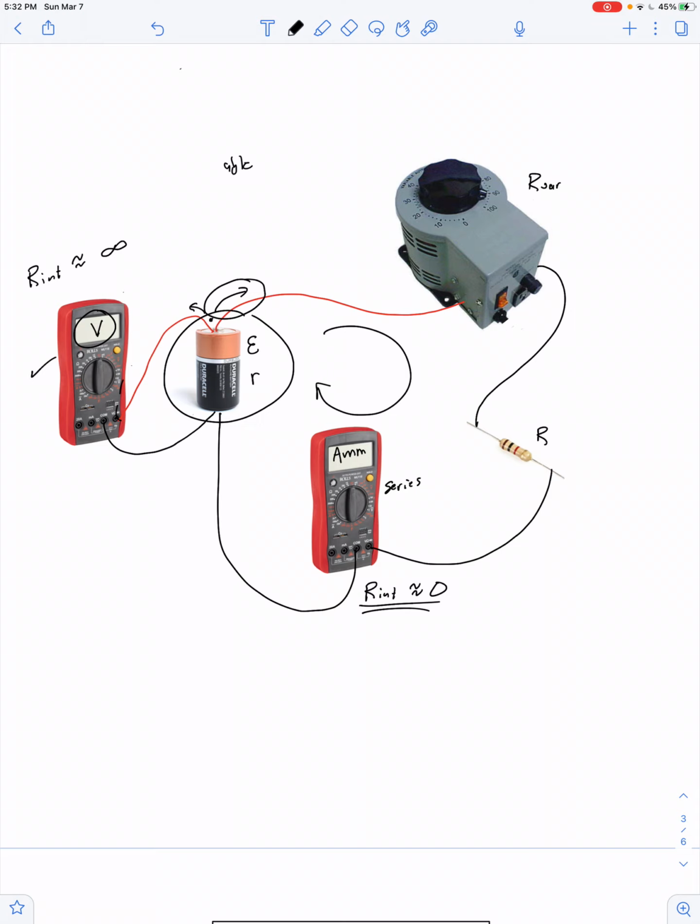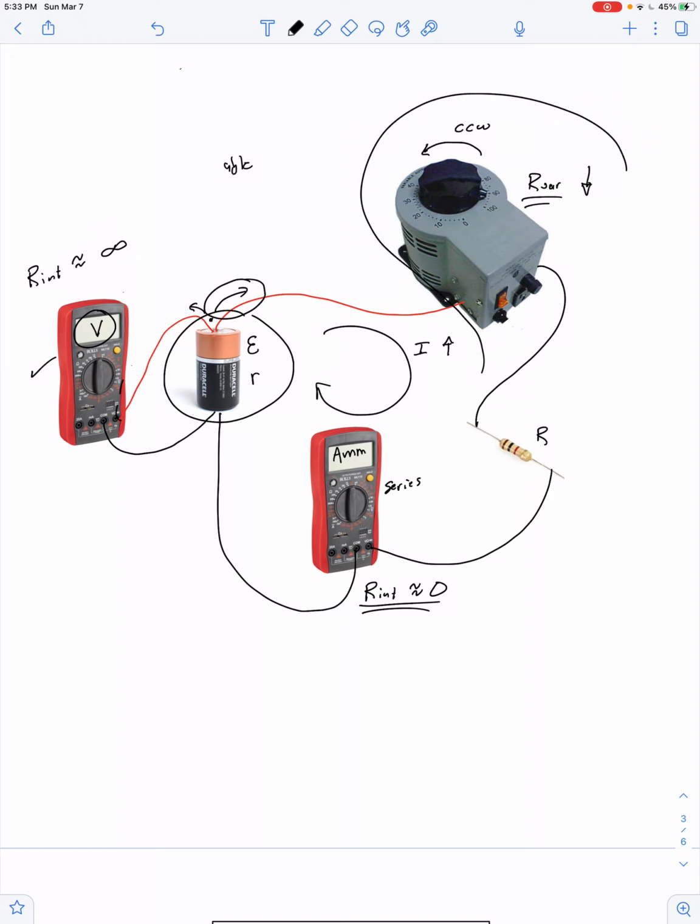So here's the idea. We're going to take the knob on the variable resistor and start with it at a high setting and turn the knob counterclockwise. So we're going to make the value of the variable resistor become less and less. Well, the effect should be that the current that flows in this loop then should increase with less overall resistance.